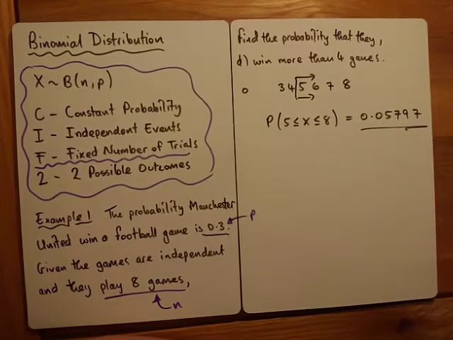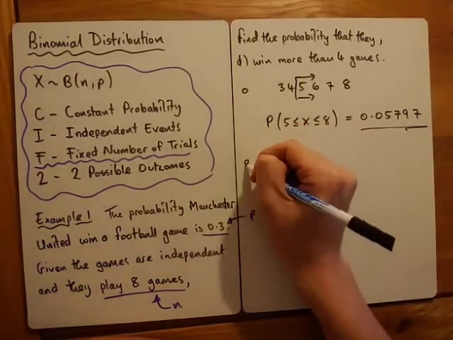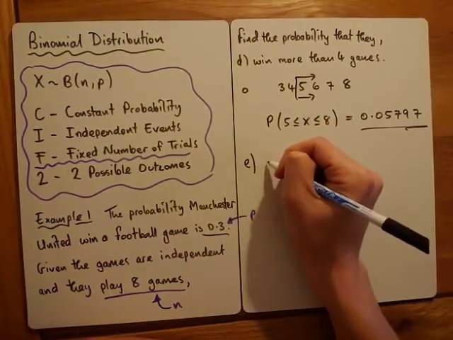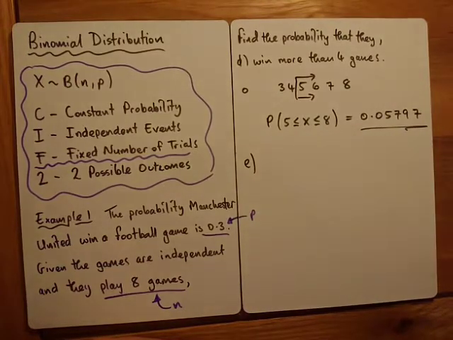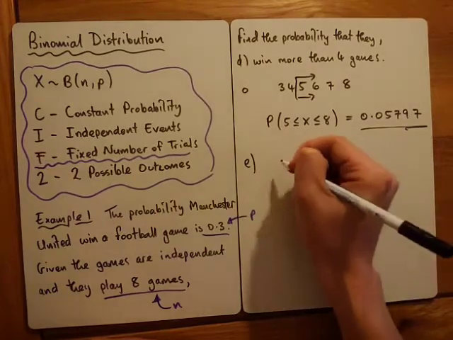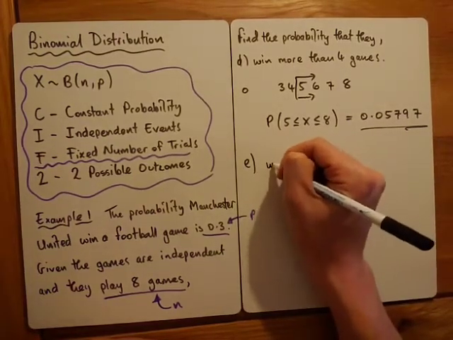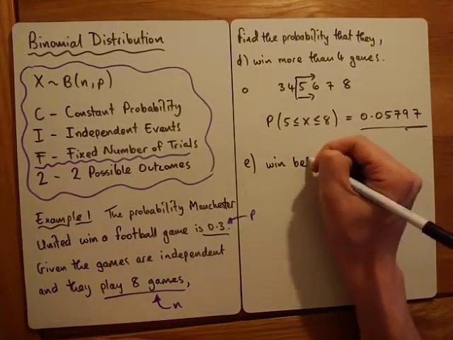Okay, last one, they want them to win between 1 and 4 games. I'm going to change that actually. I'm going to write it as an inequality because it's not clear. I'm going to use the word inclusive. Okay, because it's not clear from that. Is it more than 1 or is it less than 4? Okay, anyway, sorry guys.